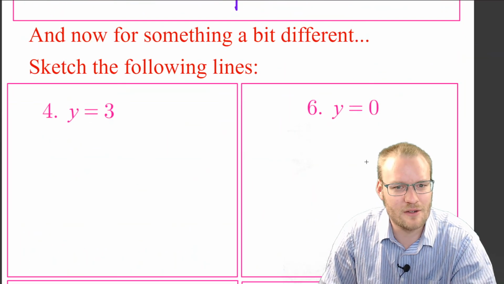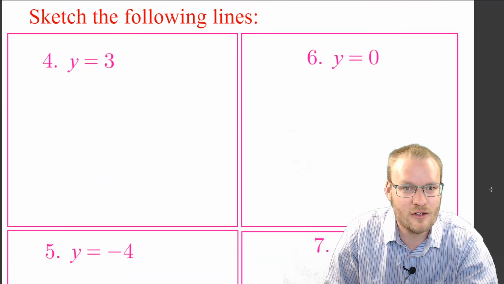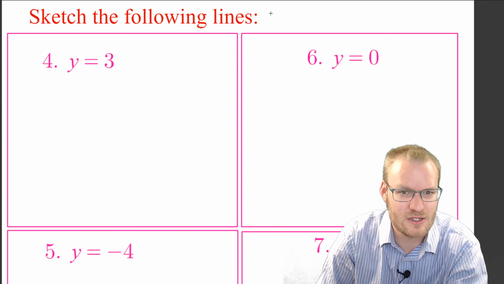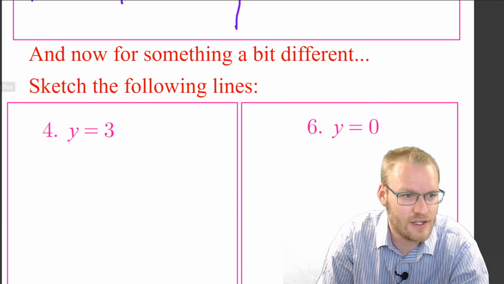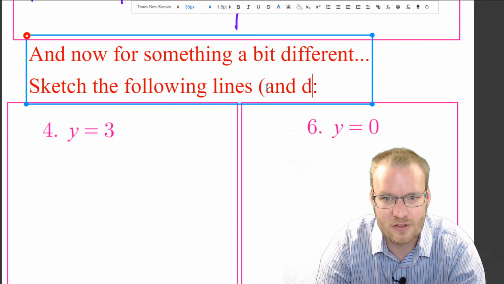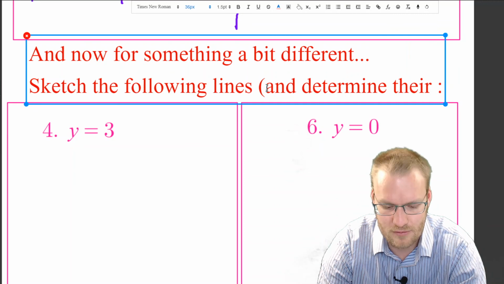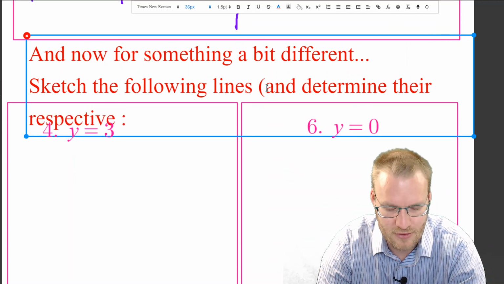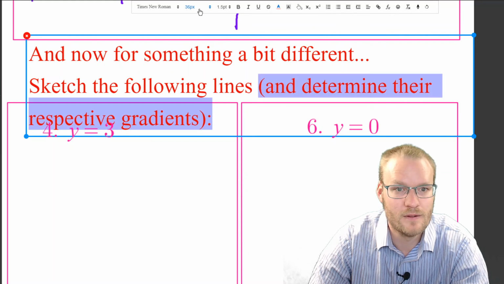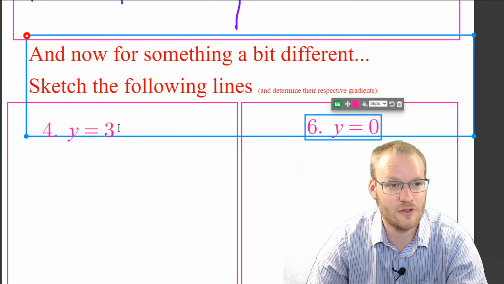So now for something a little bit different, I want you to sketch the following lines and think about what their gradient is at the same time. So sketch the following lines and determine their respective gradients. There we go, beautiful.